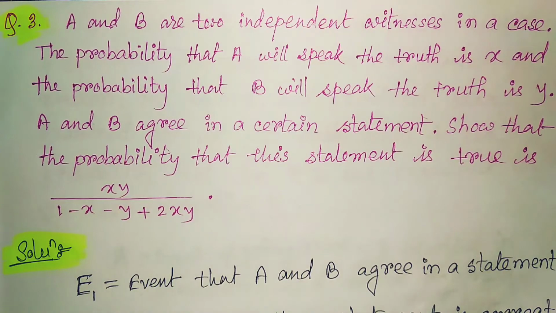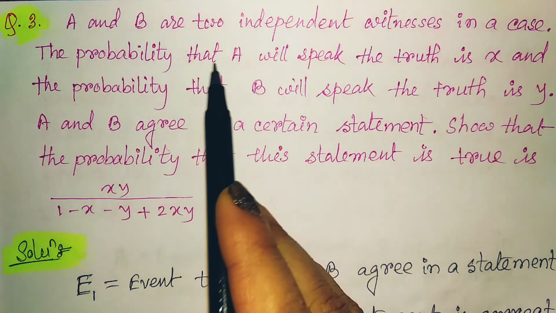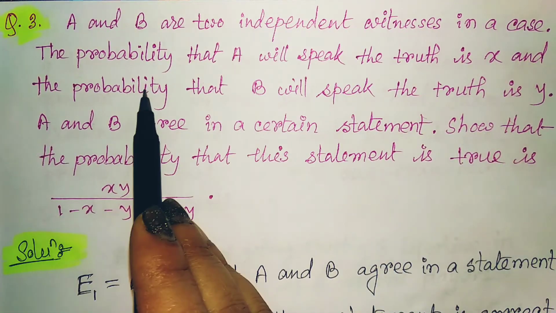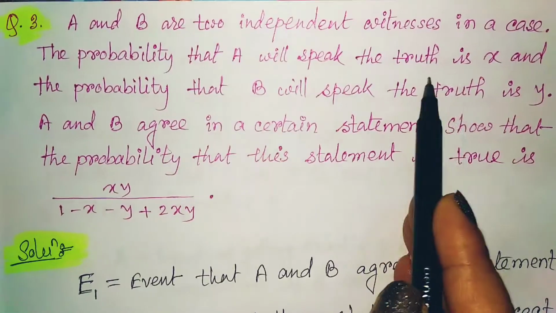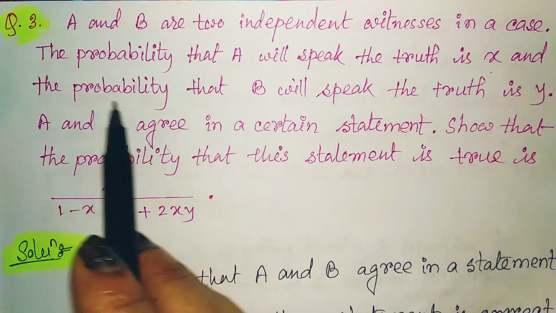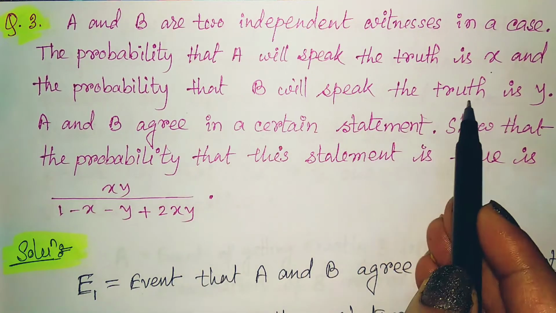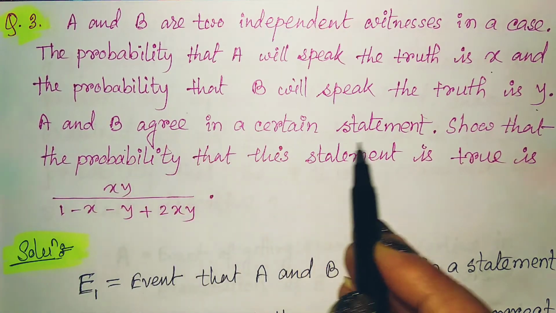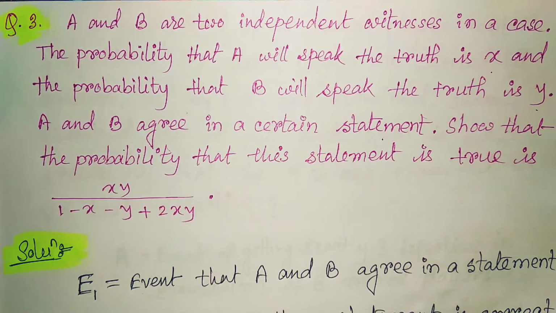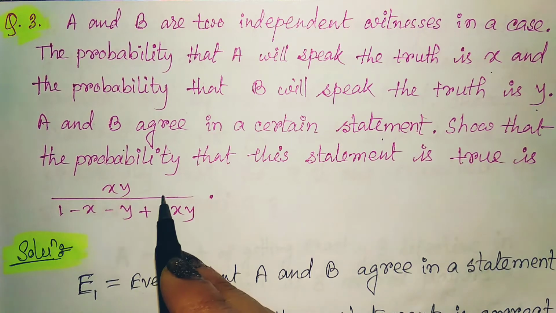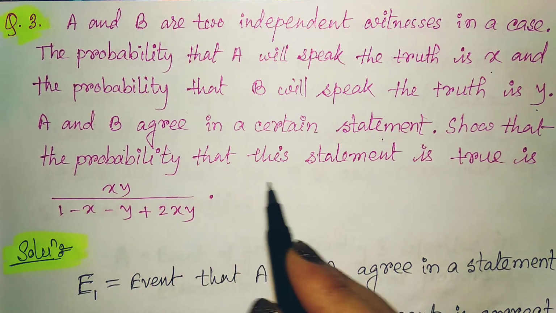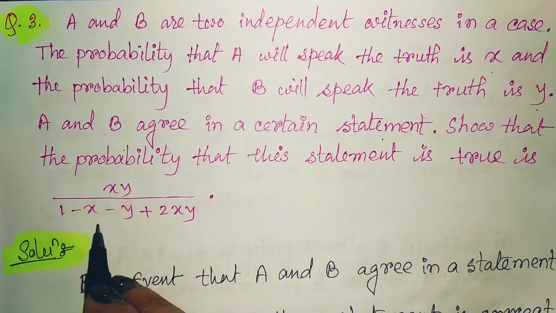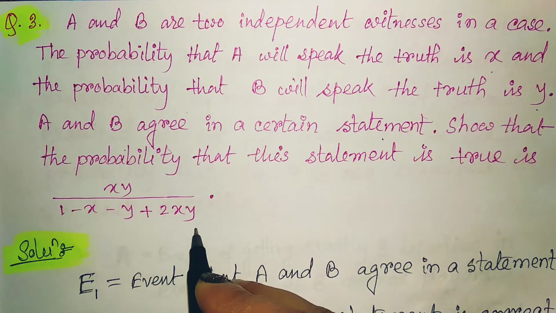The next question is, A and B are two independent witnesses in a case. The probability that A will speak the truth is x and the probability that B will speak the truth is y. A and B agree in a certain statement, so show that the probability that this statement is true is xy divided by 1 minus x minus y plus 2xy.